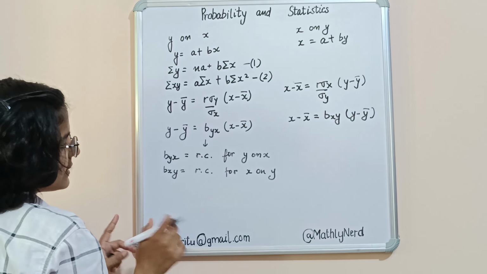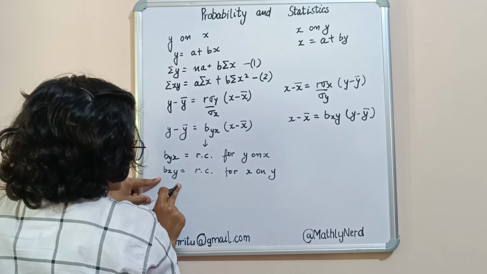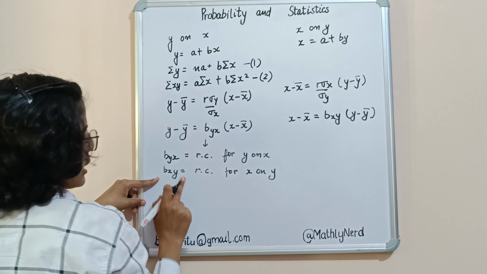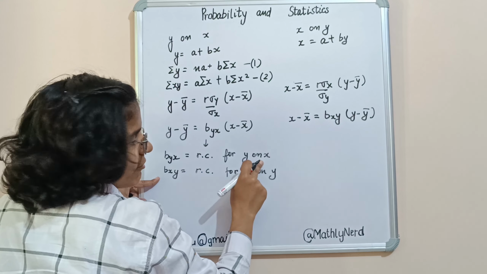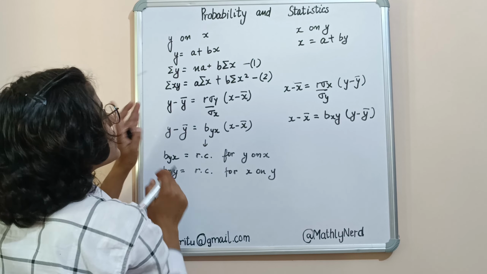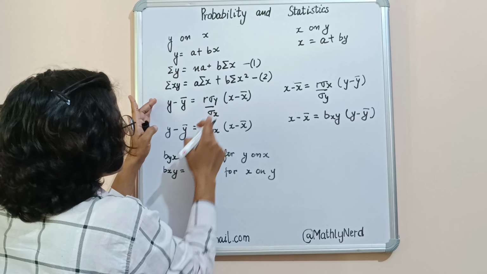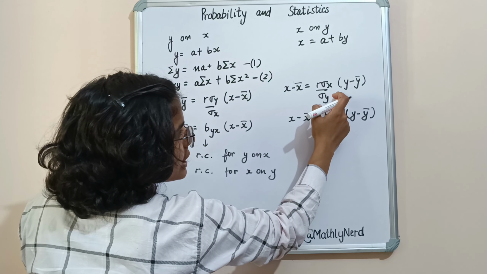We can note one thing: if we are writing x on y, x is before y, and similarly in this coefficient; and yx stands for regression line y on x. And in these equations, if y is on the left side, y is also in the numerator, and similarly if x is on the left side, x is in the numerator.